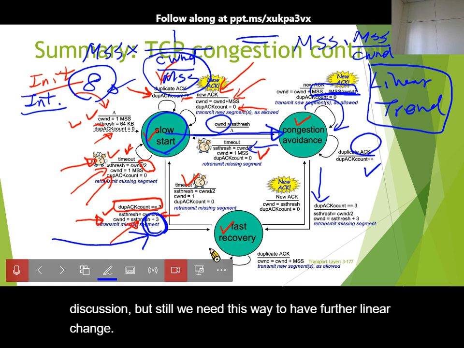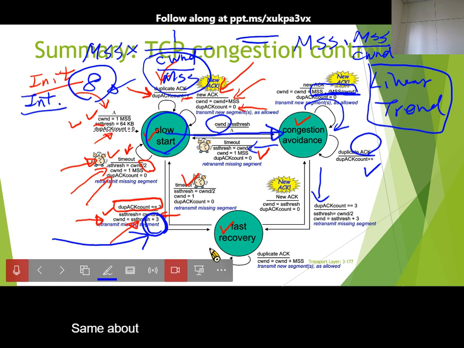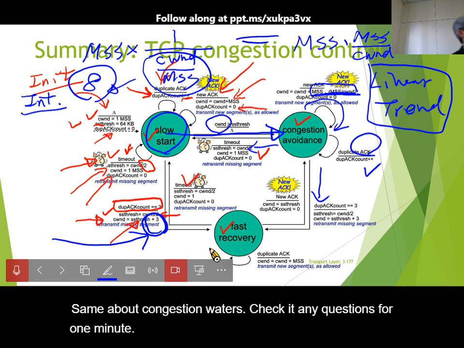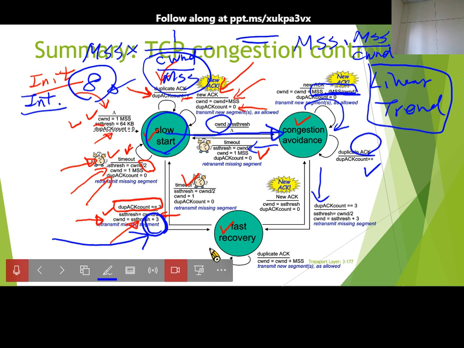Well, same about congestion avoidance. Check it. Any questions? Take 1 minute. Of course you can discuss freely, so that you can share possible learning experience with each other.